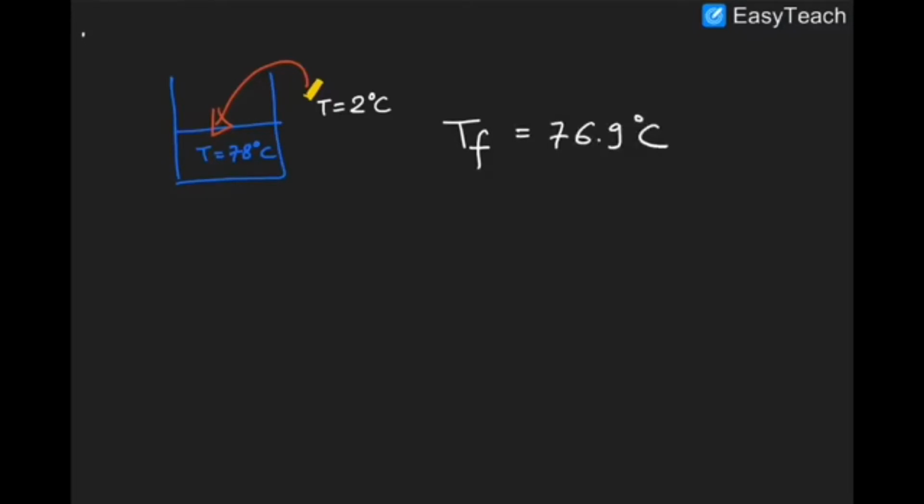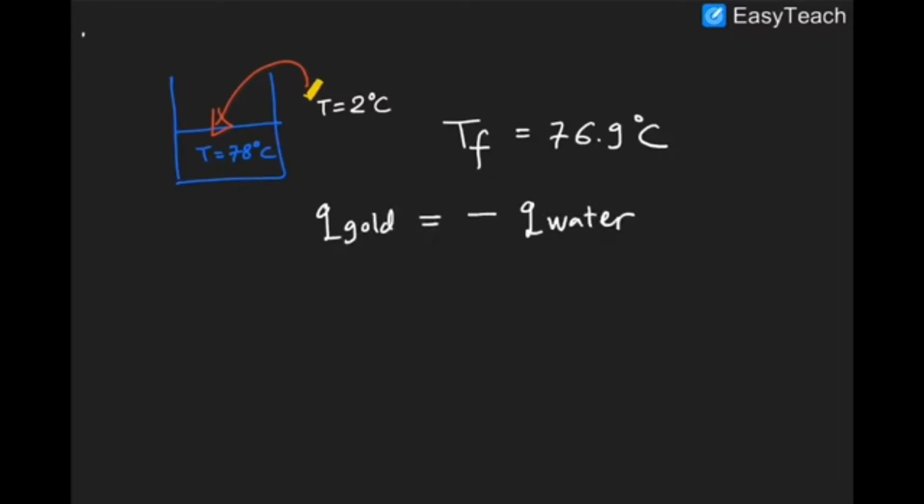Now, in this case, the heat will flow from the warmer system, which is the water, and the heat will be received by the gold. Now, assuming that the heat only flows between the gold and the water with no heat lost or gained from the glass or the surroundings, we can write that the Q of the gold is the same as the minus of the Q of the water.